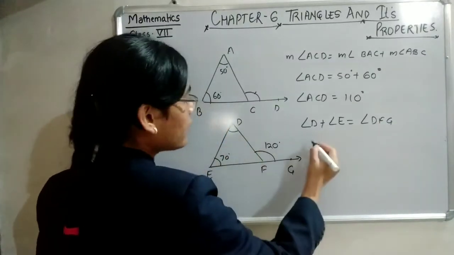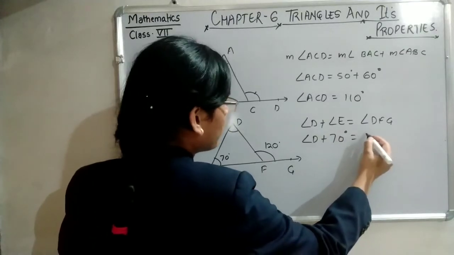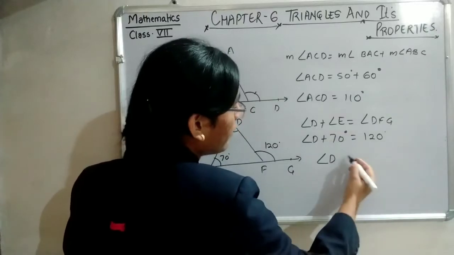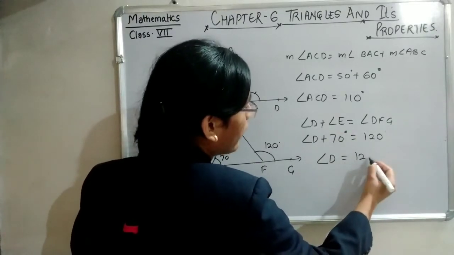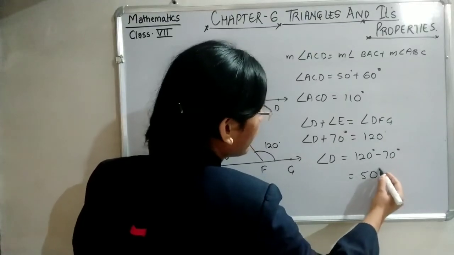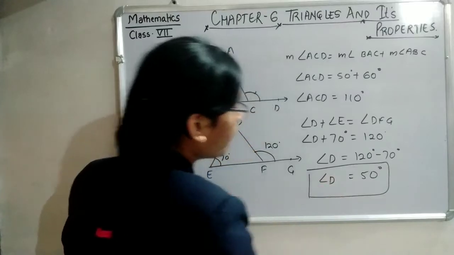Angle D is not given, plus 70 degrees is equal to 120 degrees. Now this 70 will be shifted to the other side and it will be 120 degrees minus 70 degrees, that is 50 degrees. So the measure of angle D will be 50 degrees.